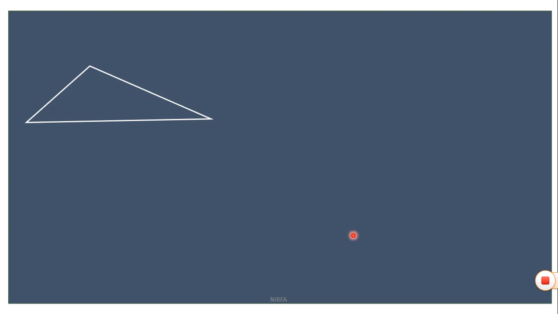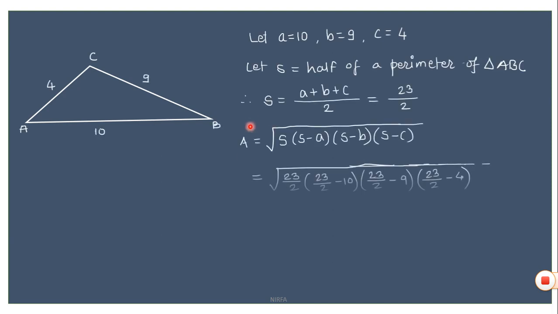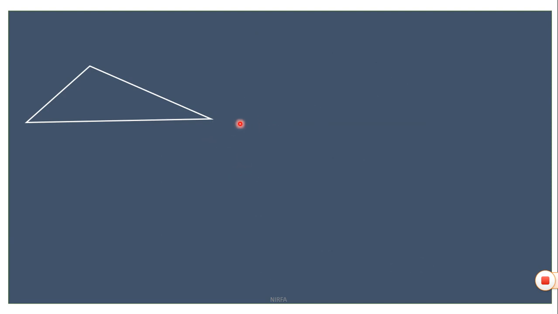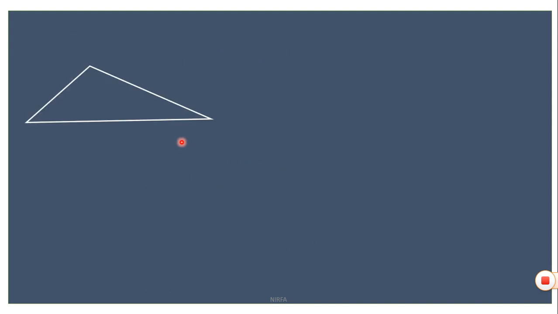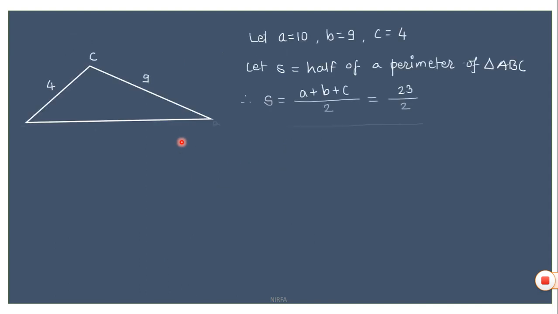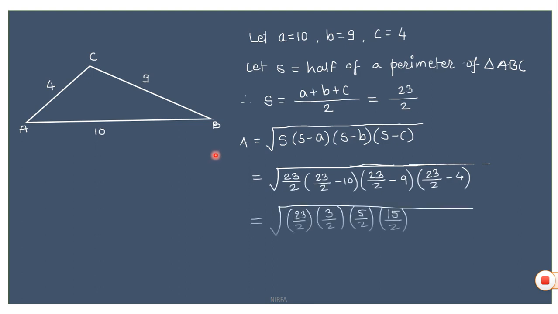So instead of such calculations to find the area, I'm giving you another way. This is the same triangle with the same lengths. a is equal to 10, b is equal to 9 and c is equal to 4. These are the sides of this triangle.